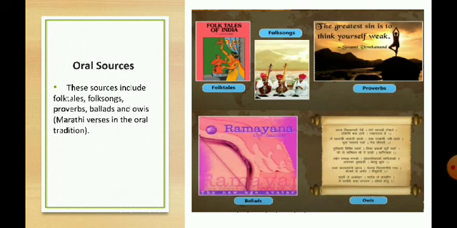Let us move on to the next source, that is the oral sources. These sources include folk tales, folk songs, proverbs, ballads, and ovis. Ovis are the Marathi verses in the oral tradition.